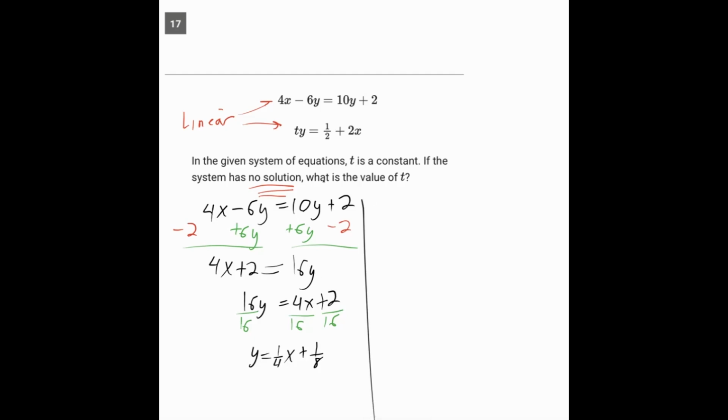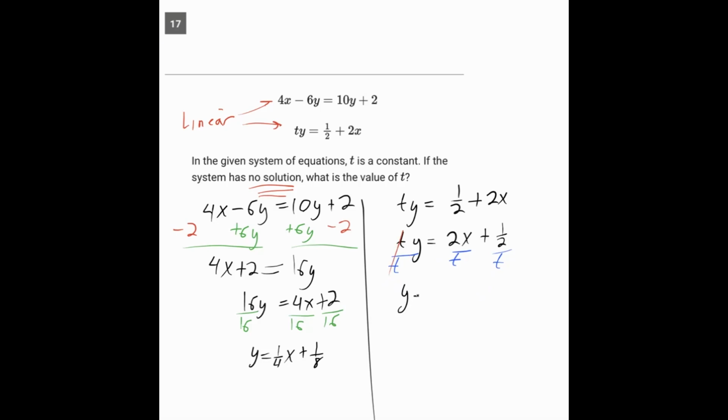Now let's do the same thing to the other equation. We start with ty is 1/2 plus 2x. So let's make a tiny little change in the beginning. 2x plus 1/2. Now we'll divide by t, and that'll cancel right here.